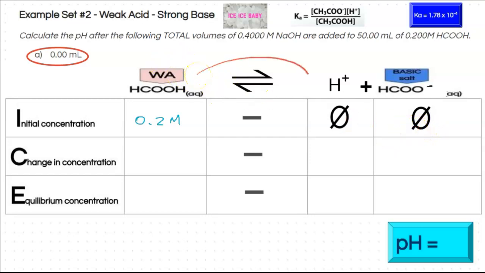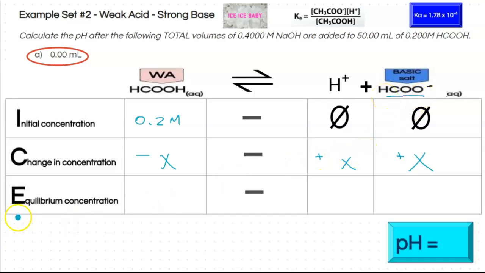So remember, that's going to pull the acid forward, and as it moves forward to fill in those zeros, I know I'm going to lose some amount of my 0.2 molar. So when I fill in my chart, I know I'm going to lose some amount of my methanoic acid, and I remember that I'm going to gain that same X amount of both the hydrogen ion and my methanoate conjugate base anion.